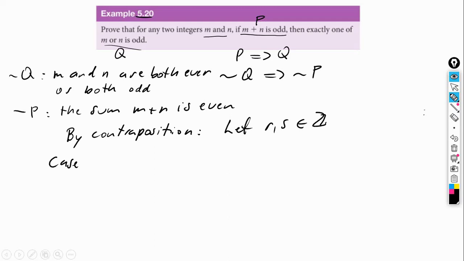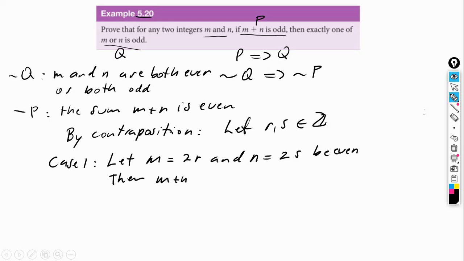Case one would be let m equal 2 times r and n equal 2 times s be even. Then m plus n is equal to 2 times r plus s, which is even.